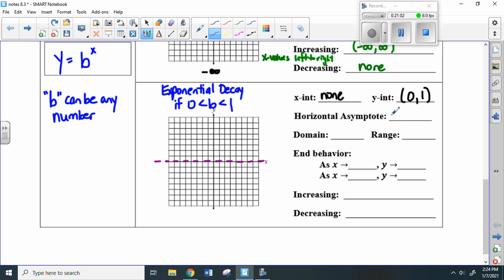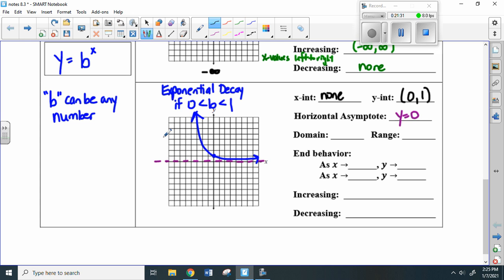The only difference when that number is a fraction is that the graph will start high, start big, and gradually get smaller, right? Decay means get smaller, okay? But remember, we're never going to cross that asymptote.